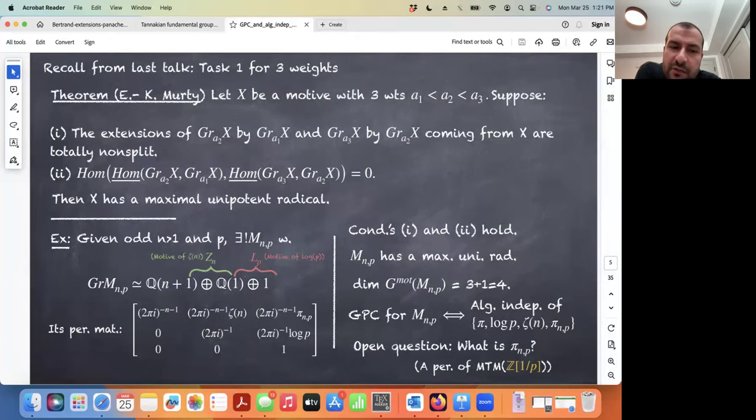And again, you get a generator for that category that way from the fundamental group. But after that, it's actually known that the fundamental group of P1 minus 0, infinity and mu n will not generate the category of mixed Tate motives over Z adjoin 1 over n. And so it becomes more mysterious.